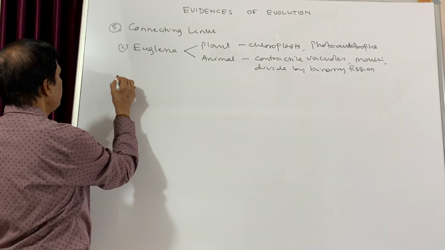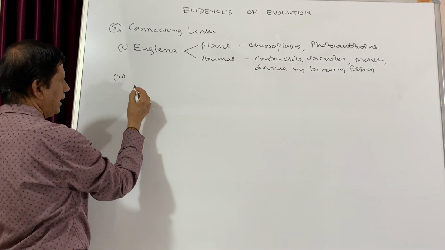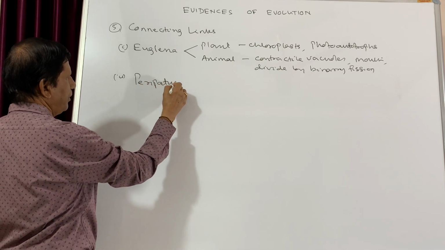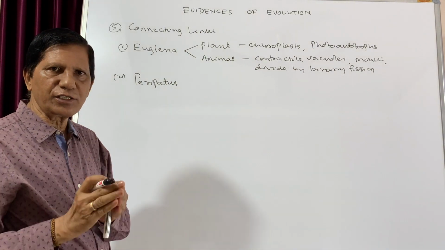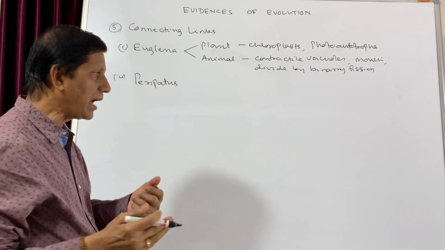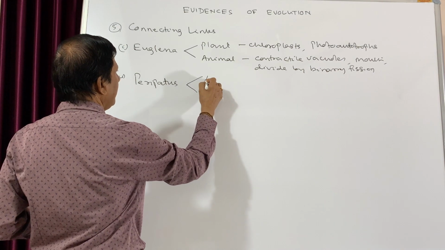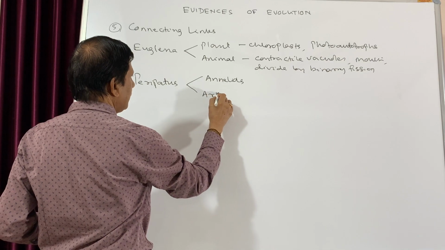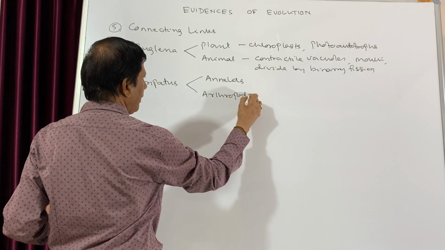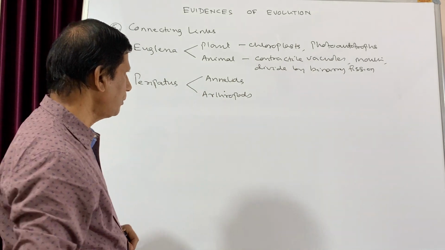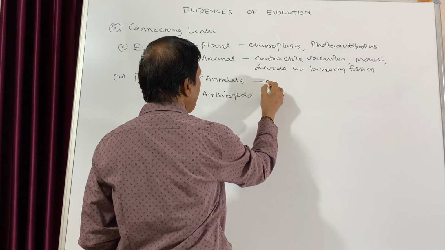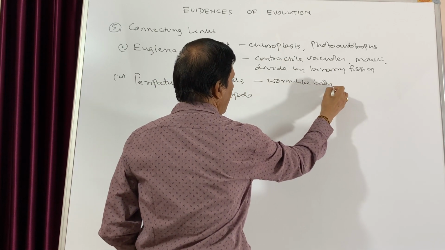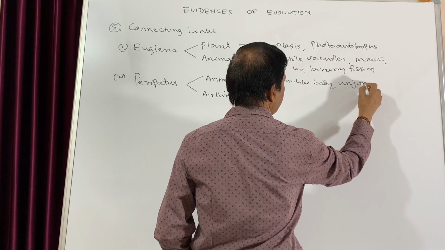Let us give the second example. The second example we can give is that of peripatus. Peripatus has characters of both annelids and arthropods. So what are the characteristics of annelids and arthropods? Annelid characters are a worm-like body and unjointed legs.